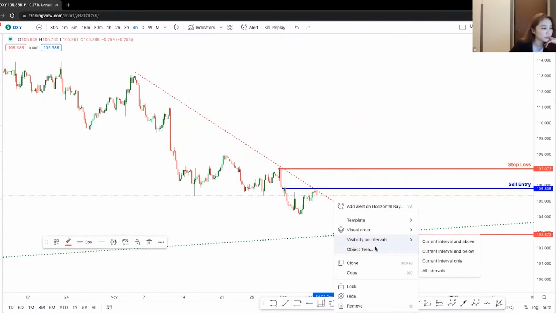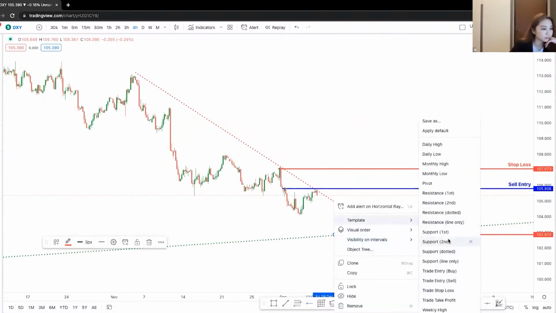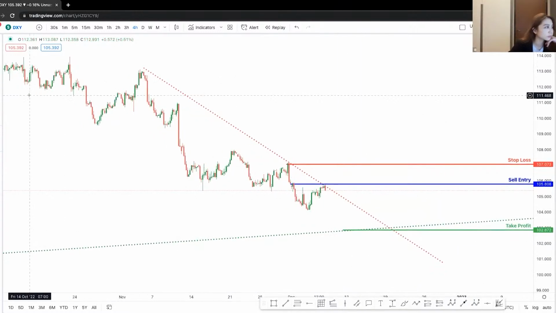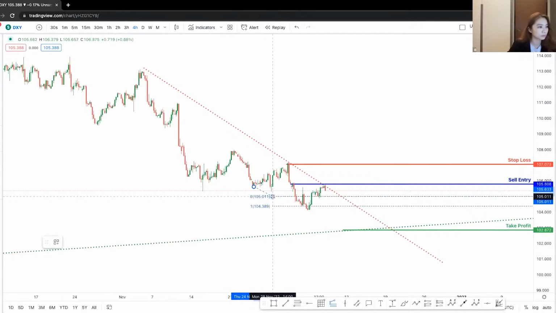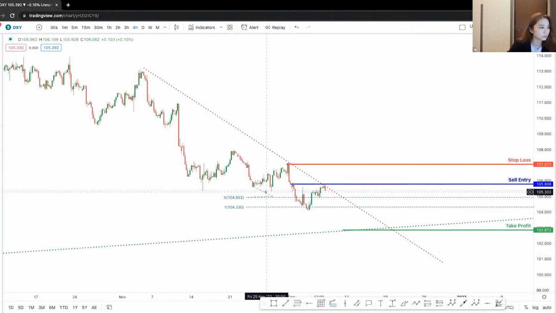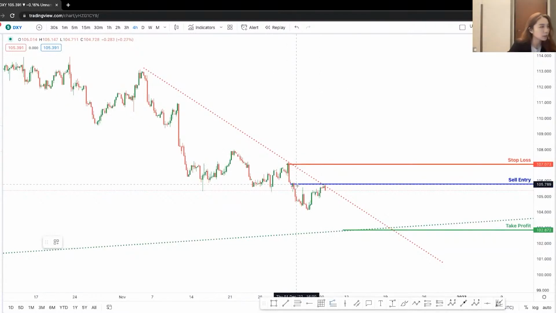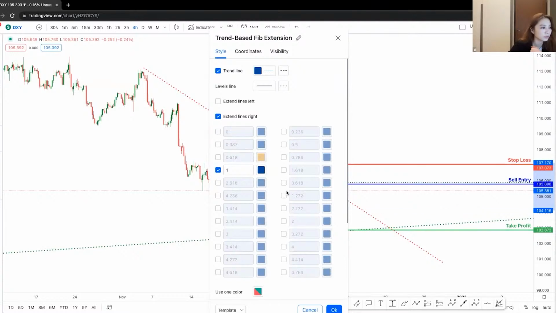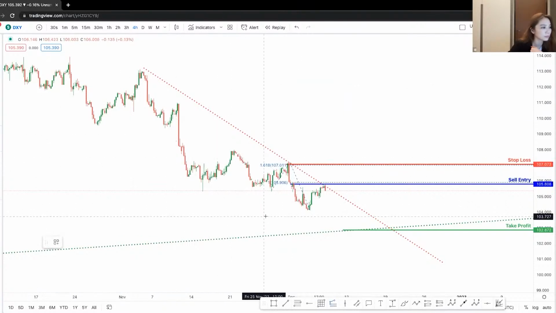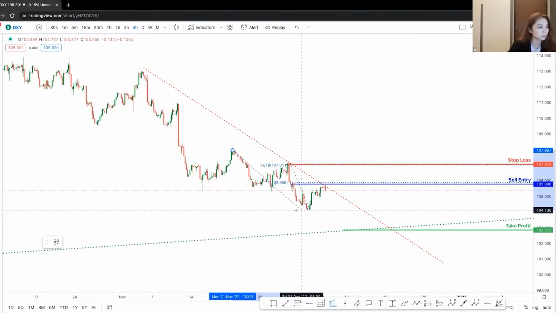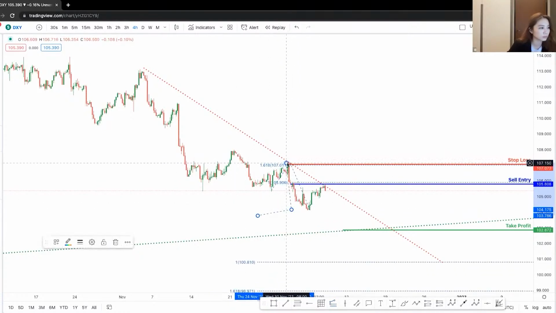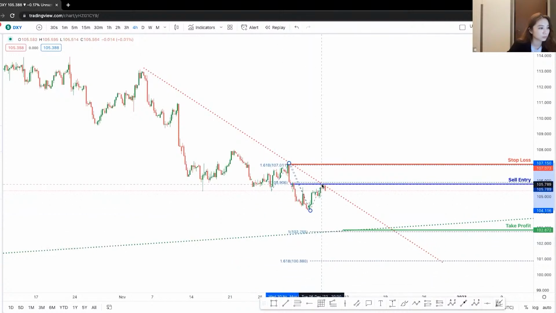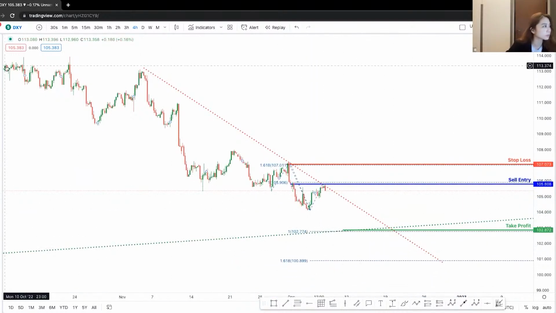I'm going in line with the trend line instead. Let's use our Fibonacci projection. 100% for the drop, looking at 161.8 for stop loss, and 100% for the take profit as well.